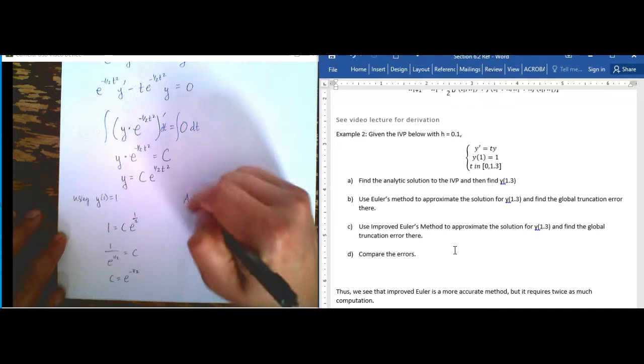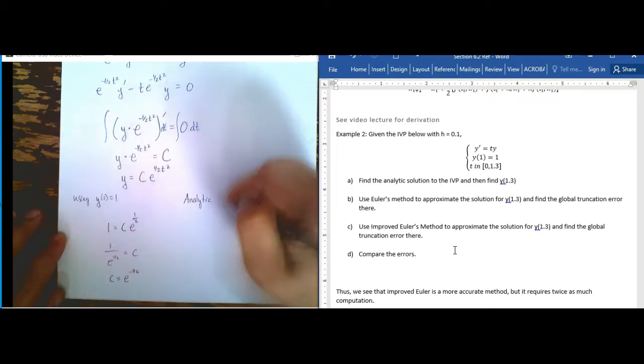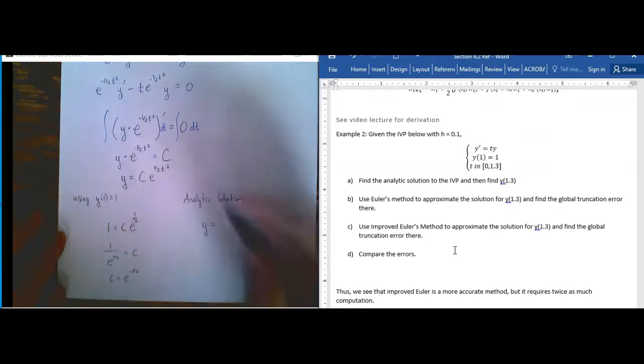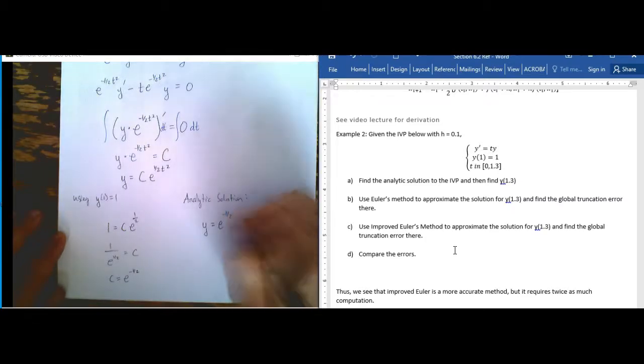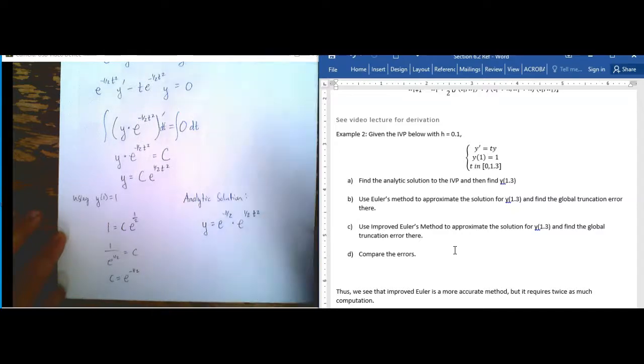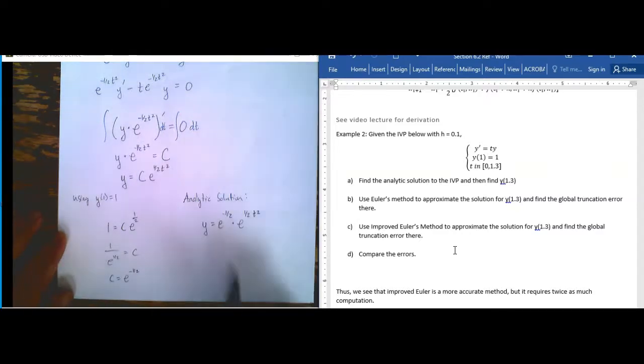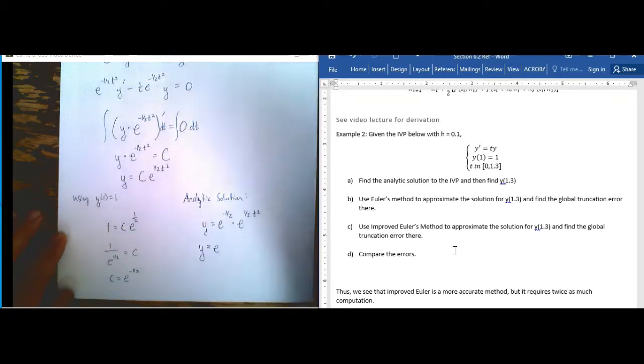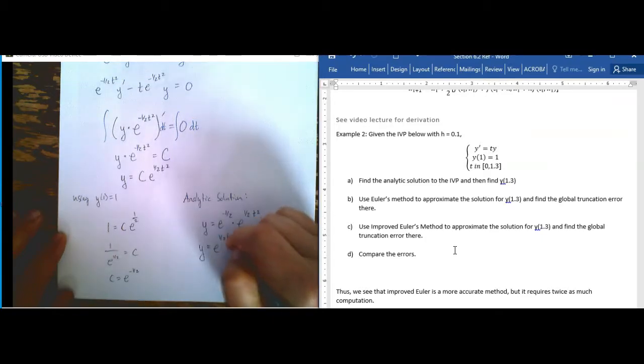Therefore, our analytic solution is y equals e to the negative 1/2 times e to the 1/2 t squared, which actually can be rewritten. If we multiply with like bases, we add the exponents. So this is actually e to the 1/2 t squared minus 1/2.